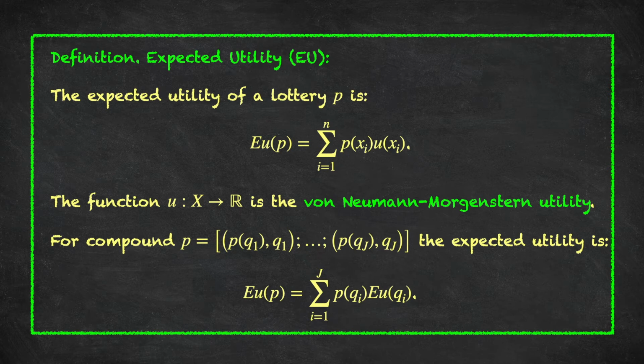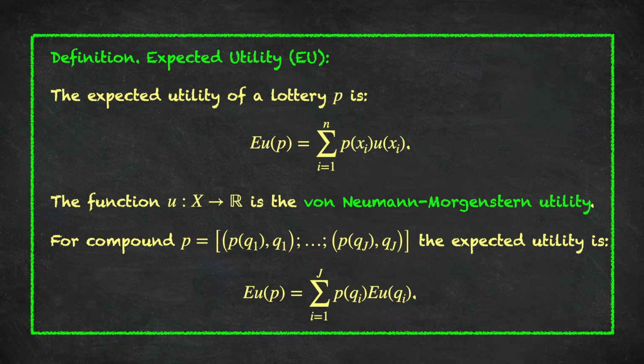I then take the expected utility of the lottery using this function, where I weight each of the utility terms by the relevant probabilities.